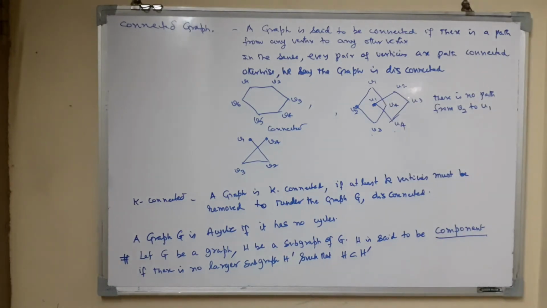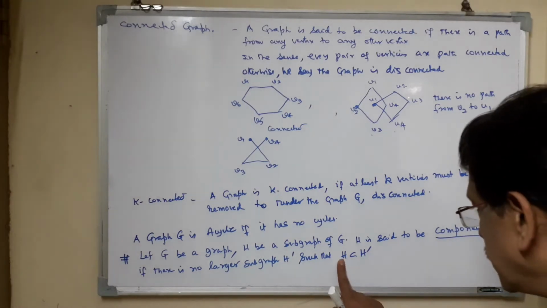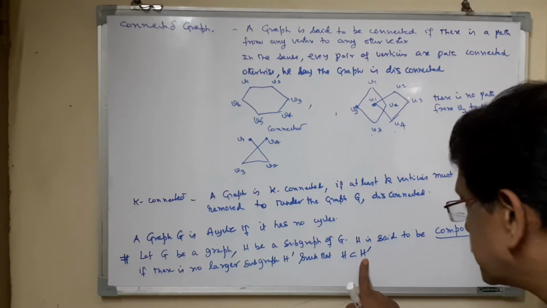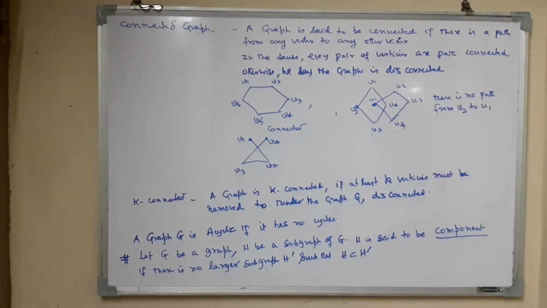Means the vertices of H are contained in vertices of H dash, edges of H contained in H dash, is not possible. There is no larger subgraph bigger than H containing H. Then this is called the component.